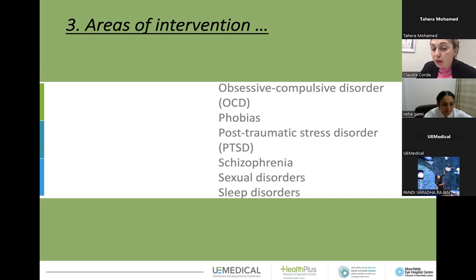Then we have post-traumatic stress disorder, which is what we have after a major traumatic stress. I will try to explain a little bit more because this is something you can encounter more often in patients.